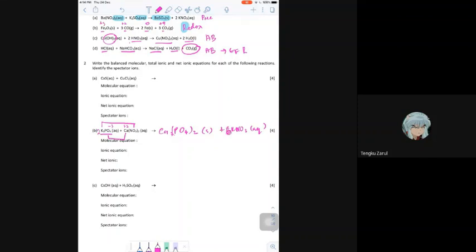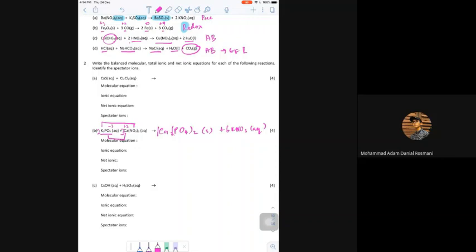So that KNO3 will be 6. And then calcium nitrate, calcium phosphate 1, right? Calcium nitrate will be 3, madam. So their ratio is 2 to 3 to 1 to 6. Okay, states must be correct, coefficients are all correct.